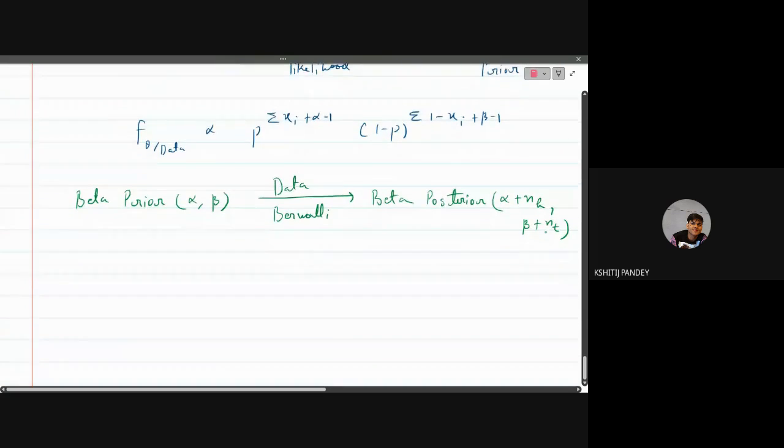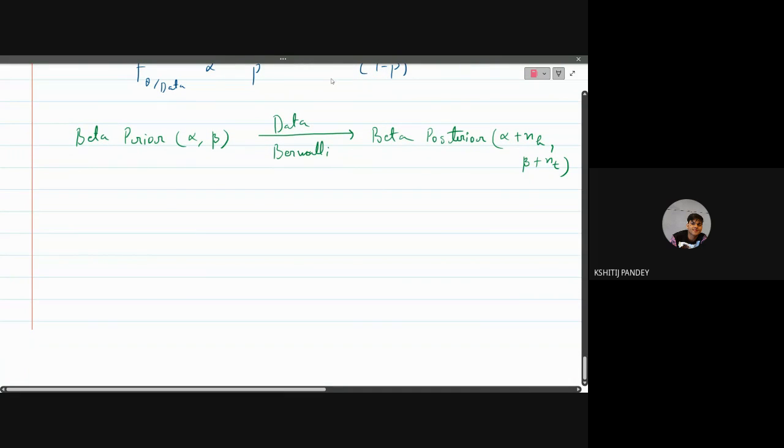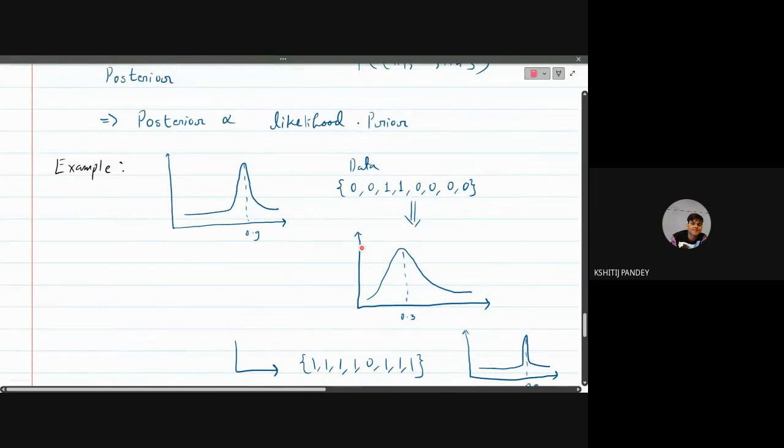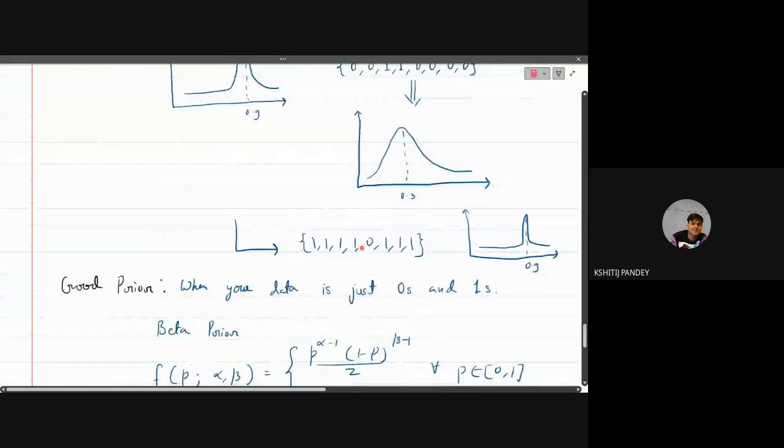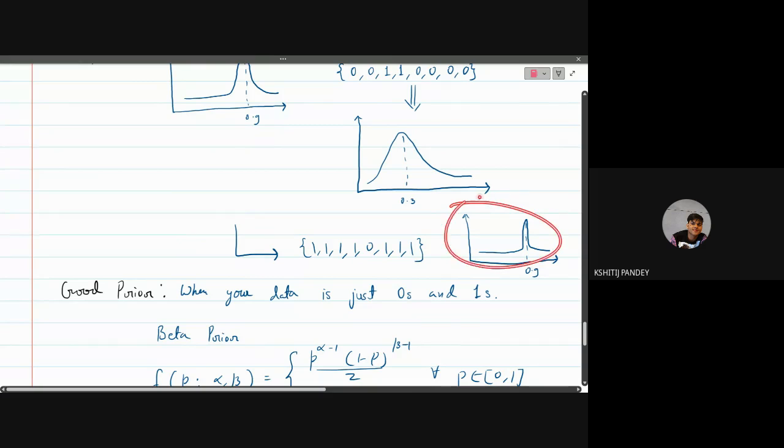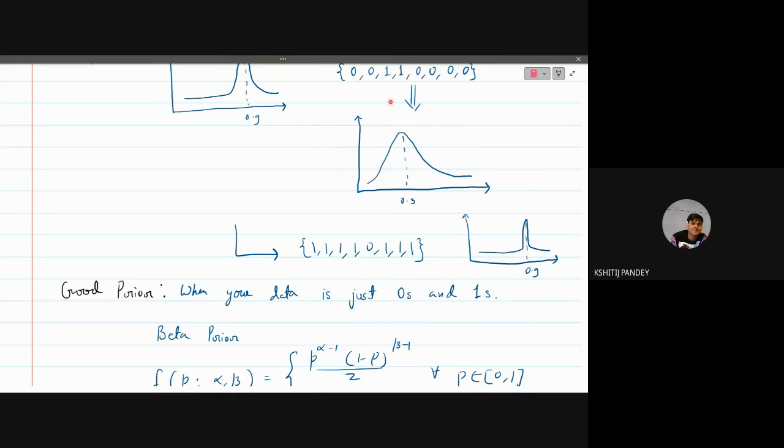So now as you have your posterior density, as shown above here, this is the final thing you are getting after seeing the data, or it can be something like this, depending upon the exact values. So after you get the posterior density, you can do multiple things to find the value of P from here.